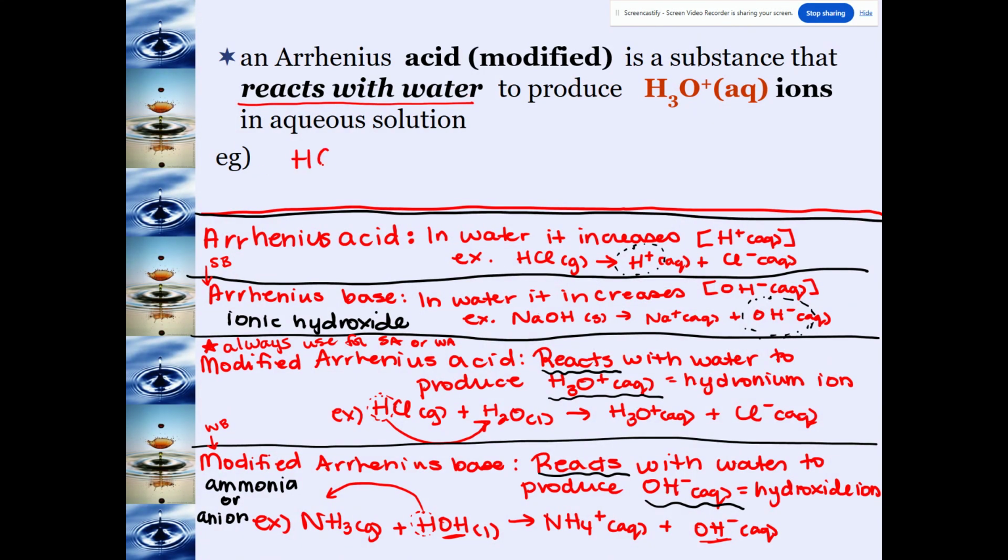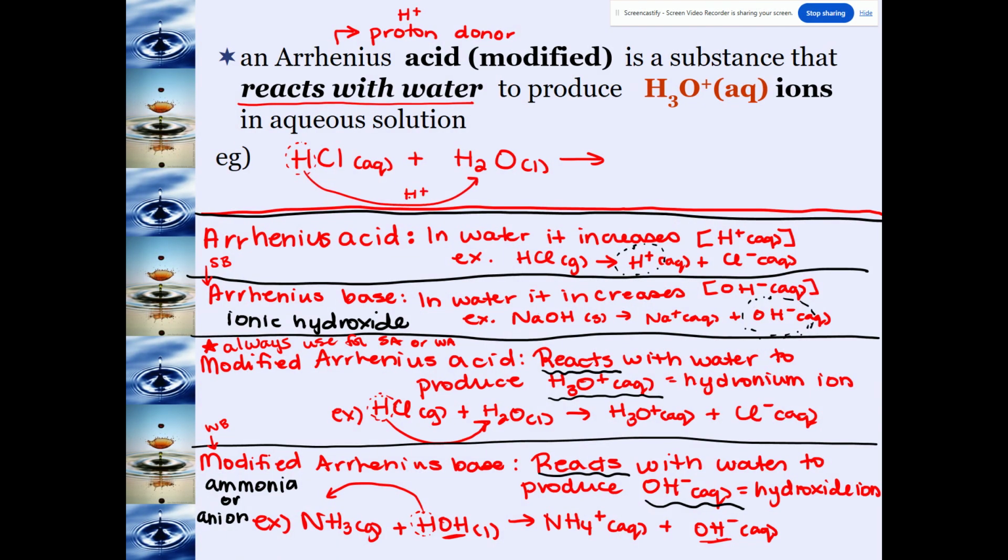So how I show this, rather than just splitting it apart, I add it to water, and rather than accepting a hydrogen from water, a modified Arrhenius acid is what we call a proton donor. Proton, again, being the hydrogen ion. It gives the hydrogen ion to the water rather than taking it away.